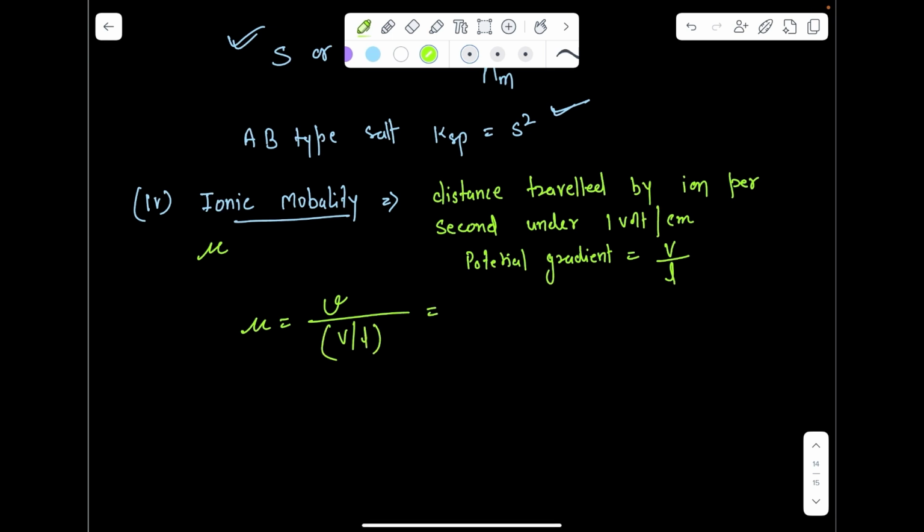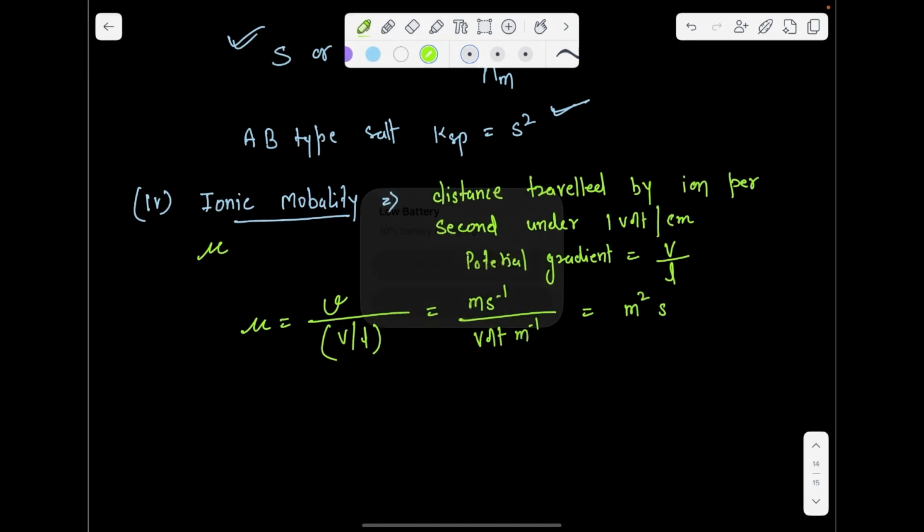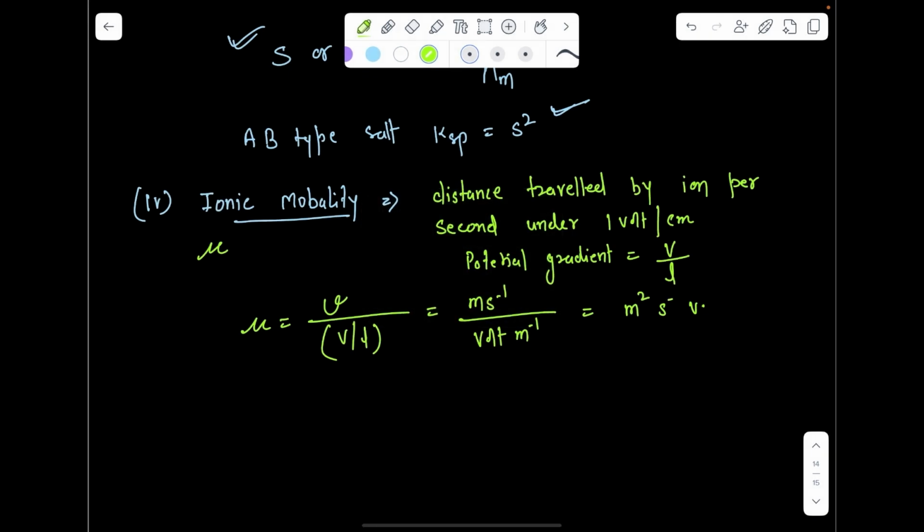So that should be meter per second divided by volt per meter. So the unit is meter square second inverse volt inverse. In general we can say the mobility is directly proportional to the size of the ion.